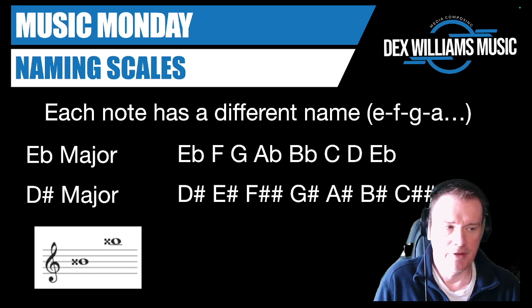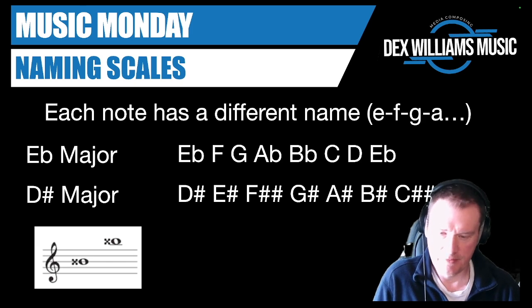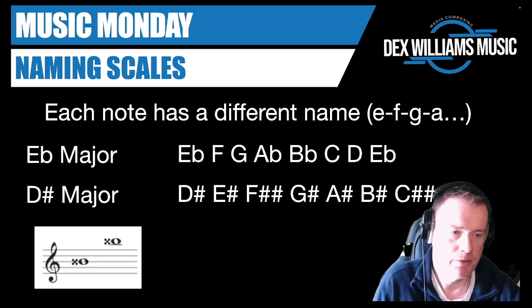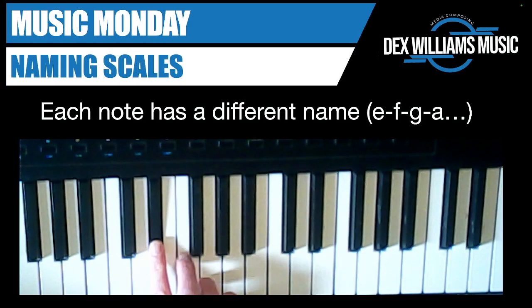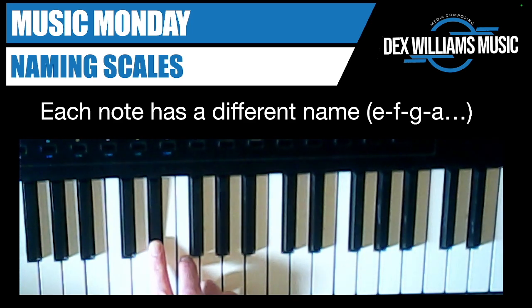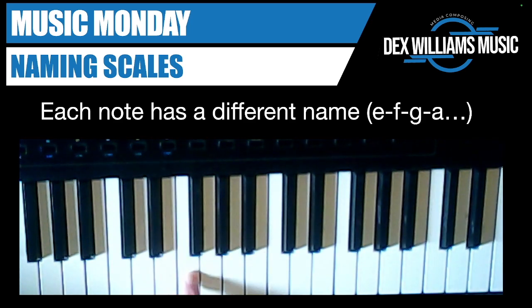The problem comes if you think about this as D sharp major. You'll start on D sharp, the next note needs to be called E something, but the tone away is here.